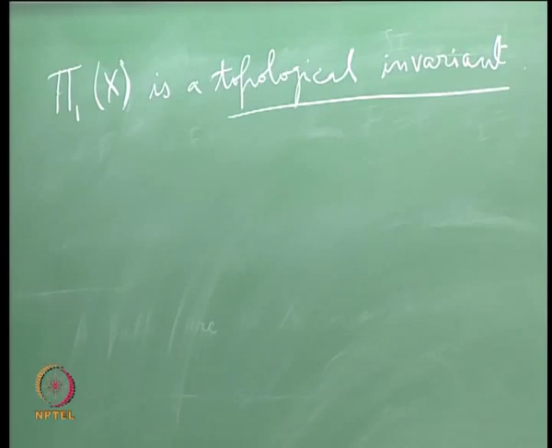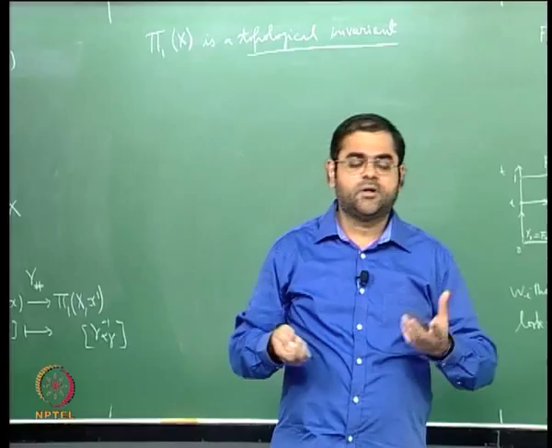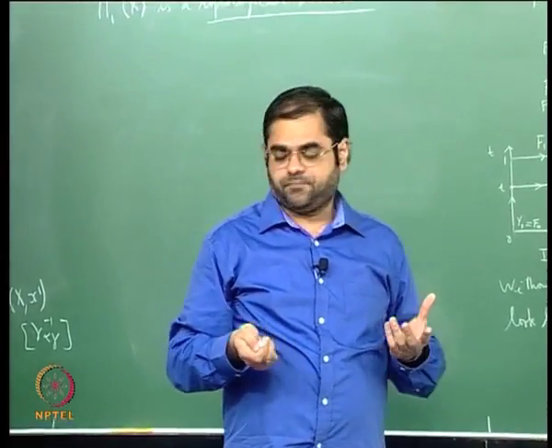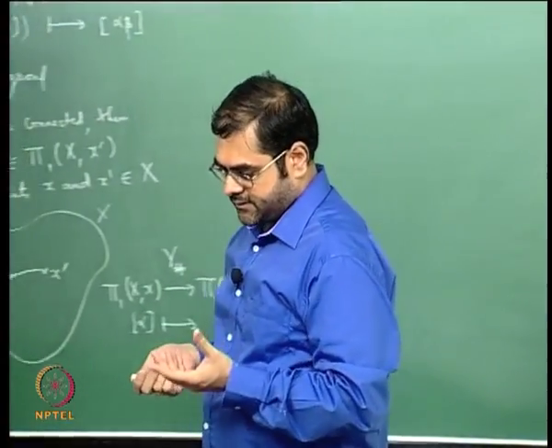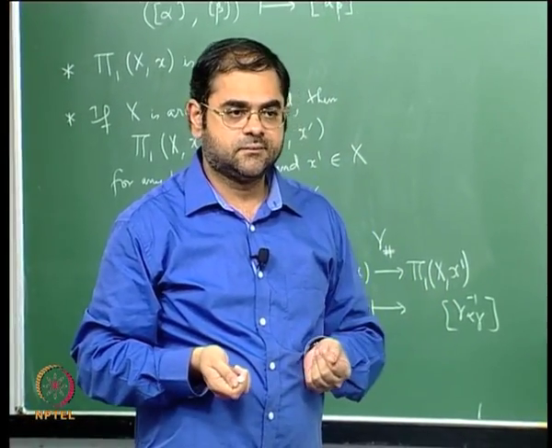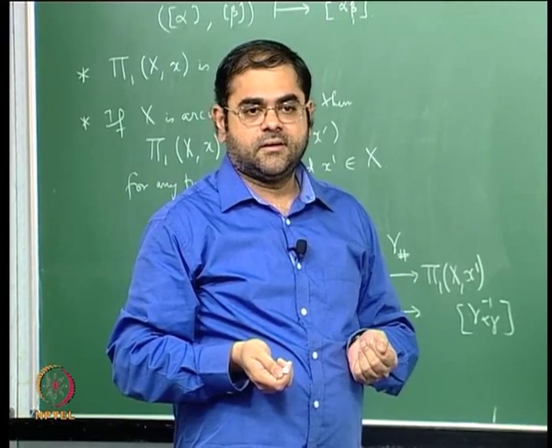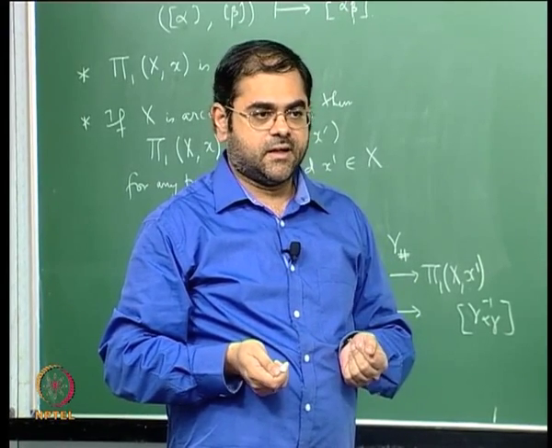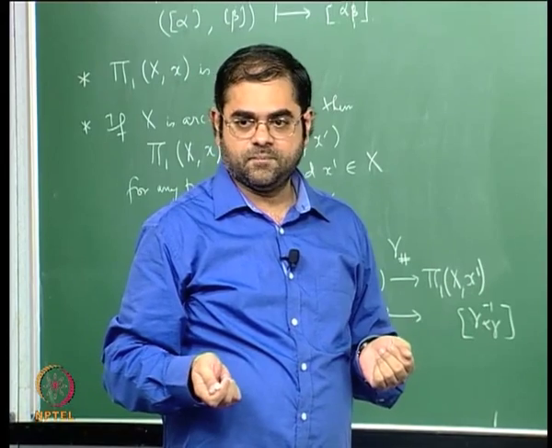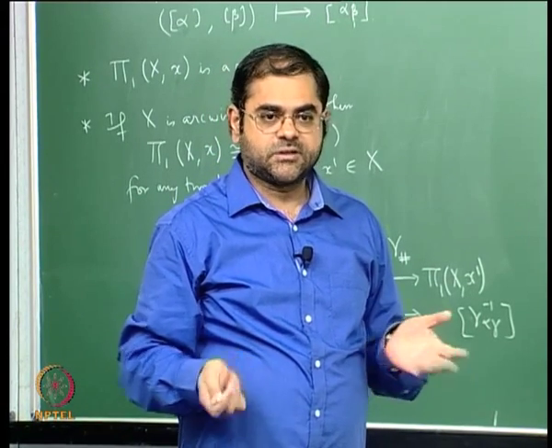So for example, if you want to show that the torus is not homeomorphic to the sphere, the easiest way is to say that the fundamental group of the sphere is a trivial group, whereas the fundamental group of the torus is non-trivial.